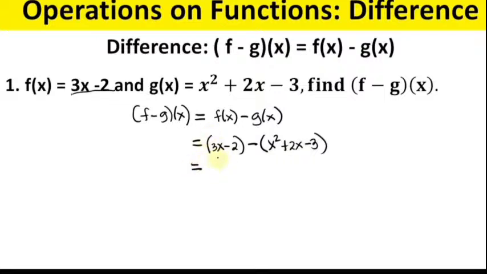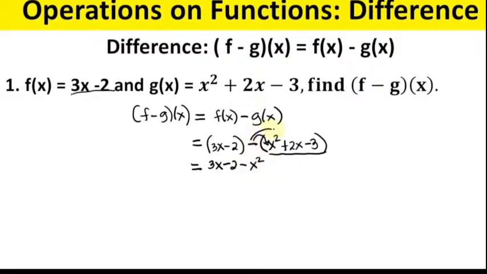Okay, just remove this parenthesis in the first expression, 3x minus 2. Then this sign, distribute it to each term of this expression. So negative times x squared, that is negative x squared.